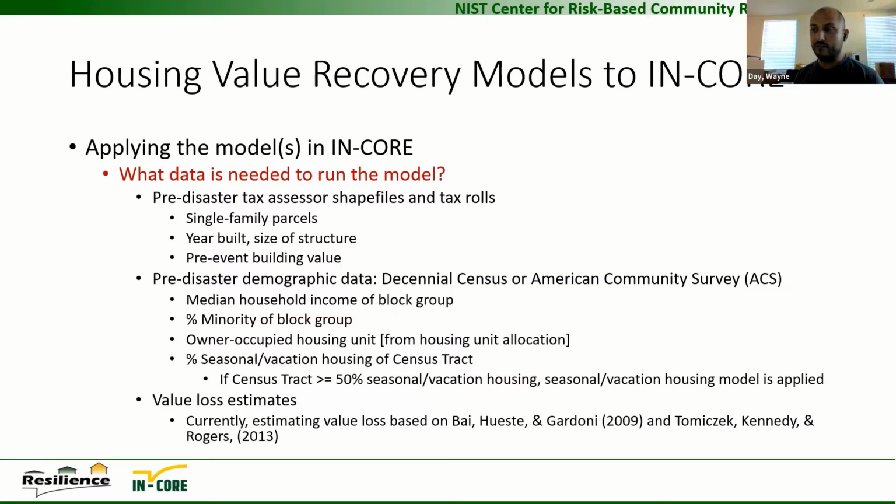If it's less than 50%, then we're applying the primary housing market model. And then I kind of already talked about this, the value loss estimates based on these two works.